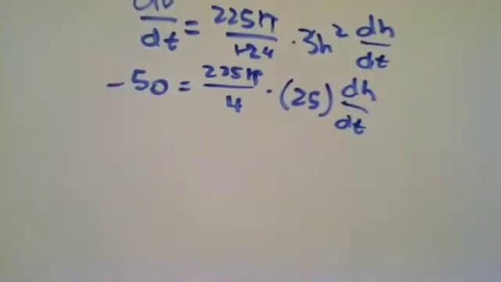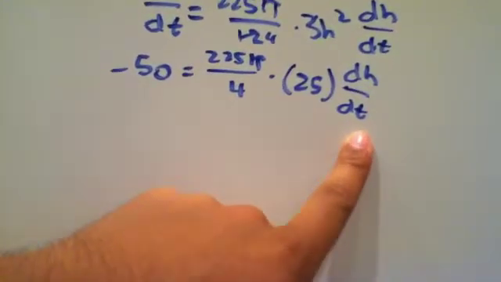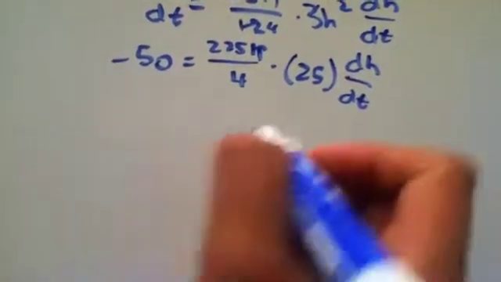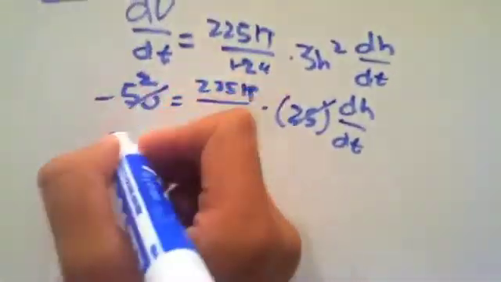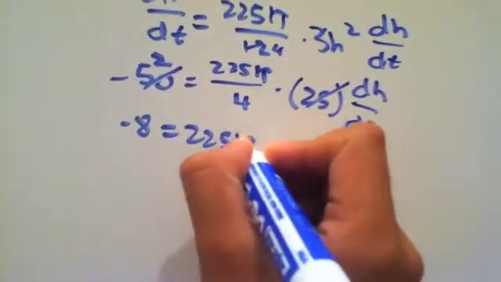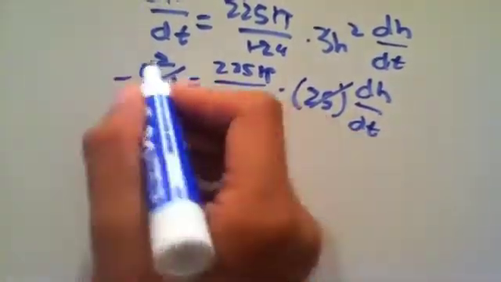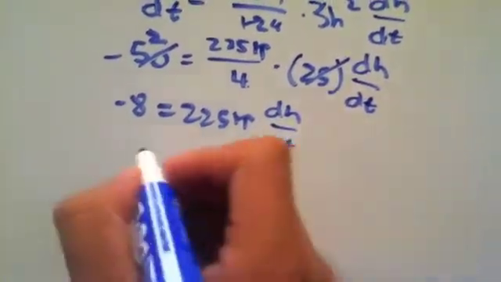So we only have one unknown, and that's dh over dt. Now we can cross out this and this and get a 2 on this side, so we get negative 8 is equal to 225 pi times dh over dt, because I took the 4 in here.